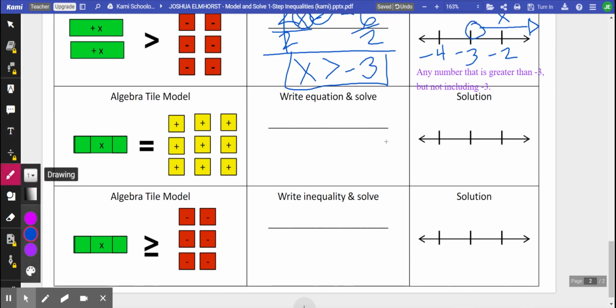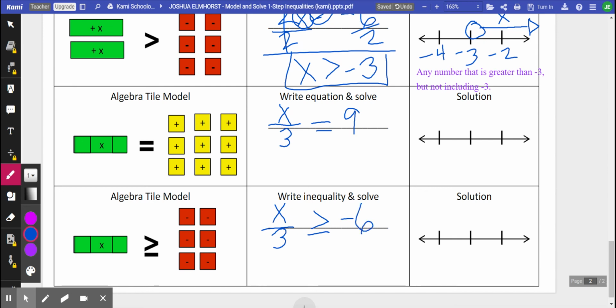And last two examples, it looks like we have x divided by 3, and that's equal to 9. And then we have x divided by 3, and that is greater than or equal to -6.